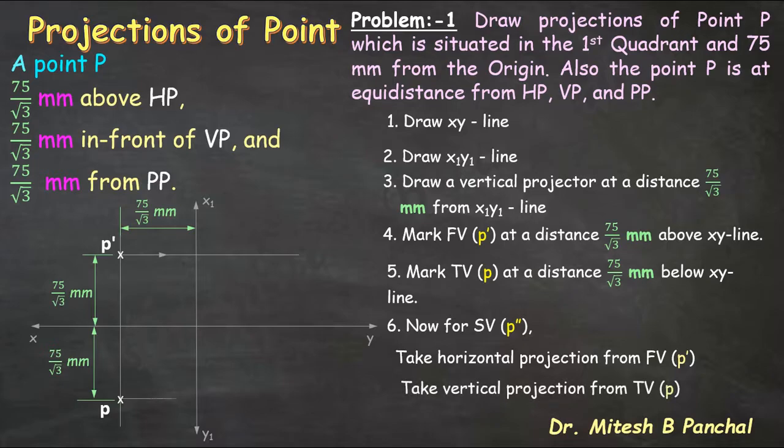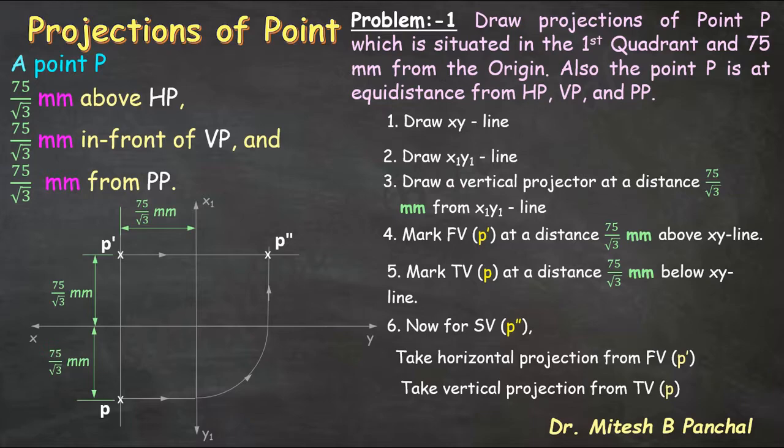So take vertical projection from top view. First the projection is transmitted on X1 Y1, then keeping origin as a center, we transfer the projection on XY, and then the vertical projection is considered. So the intersection of horizontal and vertical projection will give you the side view.